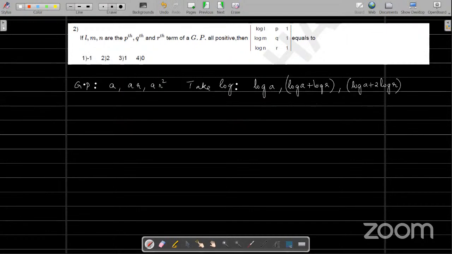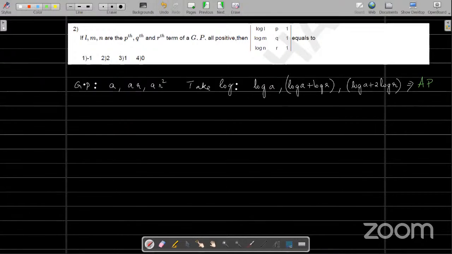So now if you look at this sequence, can you see that if this is in GP, this logarithmic sequence is in AP, right? So log of the geometric sequence will always be an arithmetic sequence.